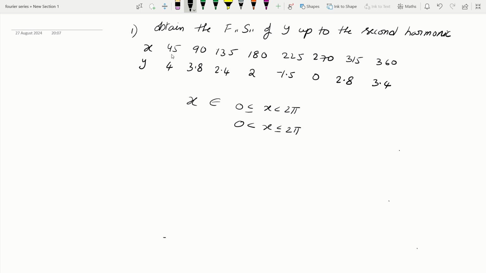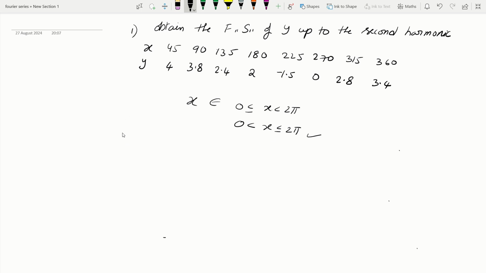Here, if you see, it started with 45, so this data belongs to the second one. 0 is not included, since the equality symbol is not there. 2 pi is nothing but 360, and 360 is included here. So the given problem must be either like this or like that, and this problem belongs to the second.